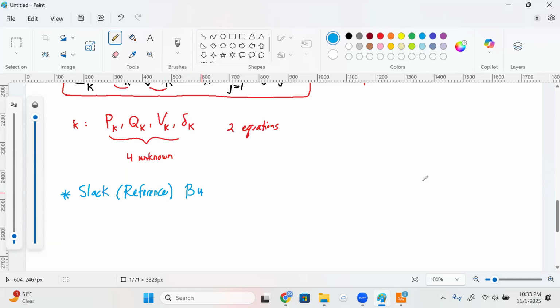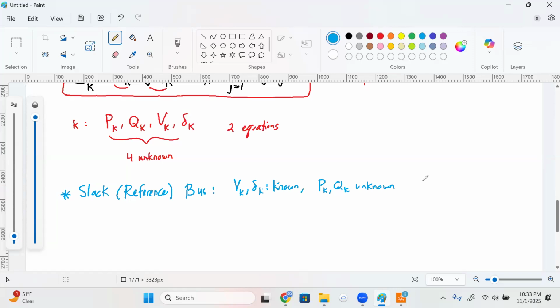So in slack bus or reference bus, what we assume is that Vk and delta K are known. We know what voltage magnitude we have. We know what voltage phase angle we have, but Pk and Qk are unknown. In power flow, we typically assume that we only have one slack bus or one reference bus. There are some exceptions that we're not going to talk about in this class.